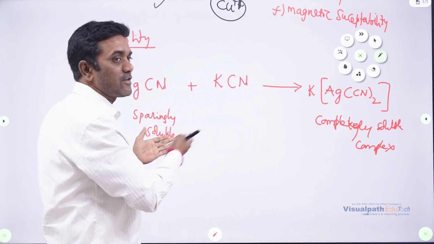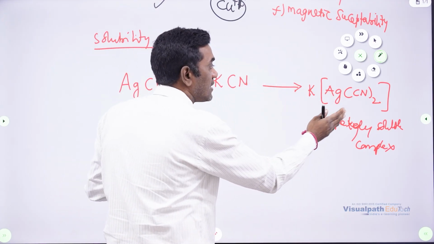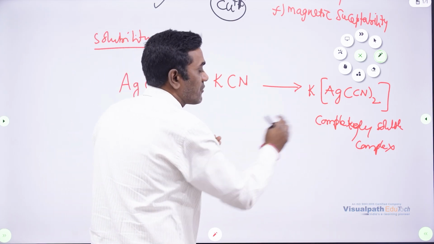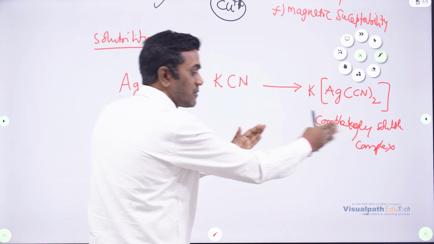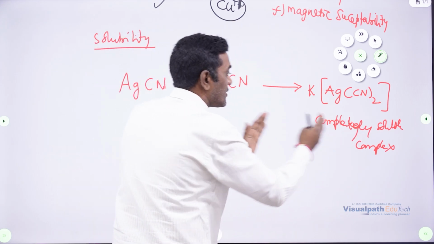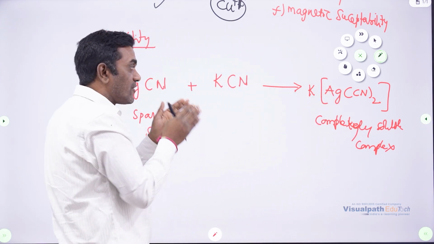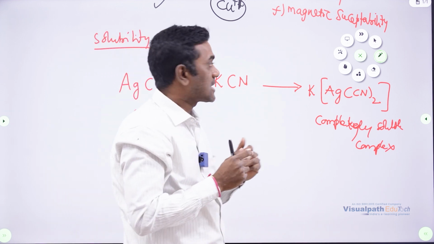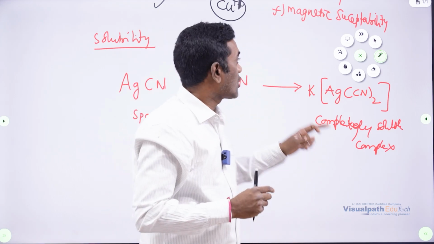That means solubility varied, and the indication of complex formation can be understood easily from the solubility factor. Solubility is increasing due to the formation of complex. From the solubility change, we can understand that complex is forming. That's what the second point is all about: complex formation by using solubility.